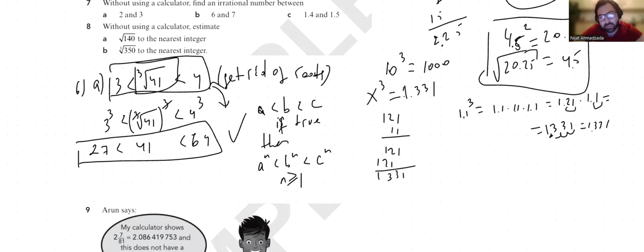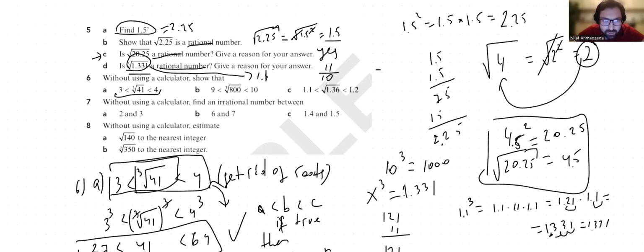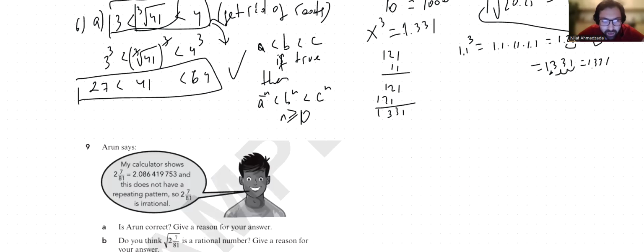Actually, no, higher than or equal to 0. So you can't say 3 to the power of -2 has to be smaller than 4 to the power of -2 just because 3 is smaller than 4, okay? But since these powers are higher than 0, it works.